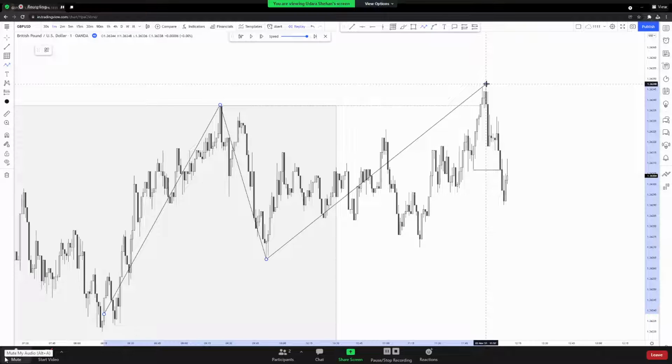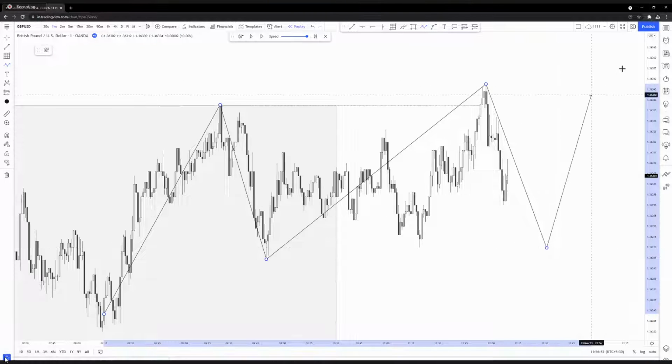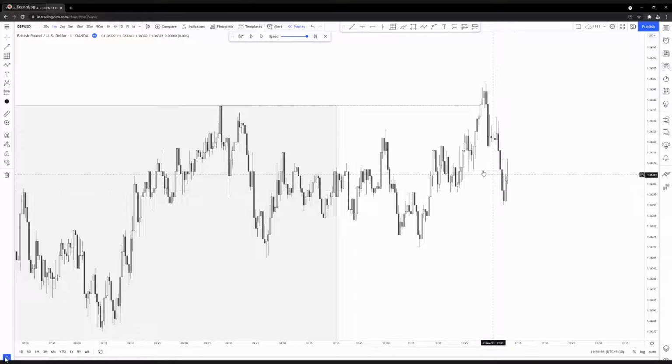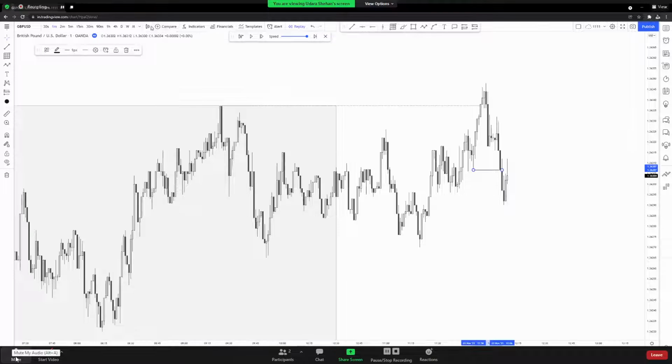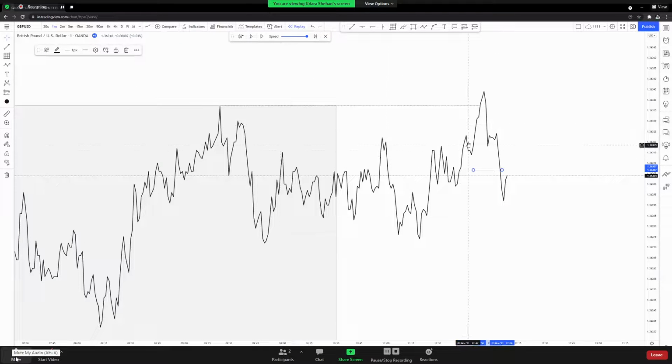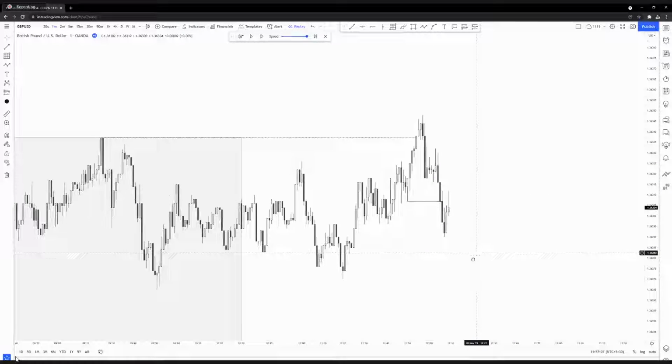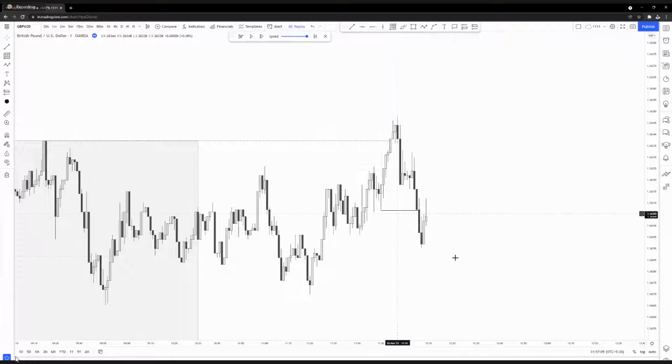Here. See that? Price can still do this, right? But I took this as a stop hunt and this as the breakout structure because a QM was formed after taking out the Asian highs. So then I took this as the strong high.